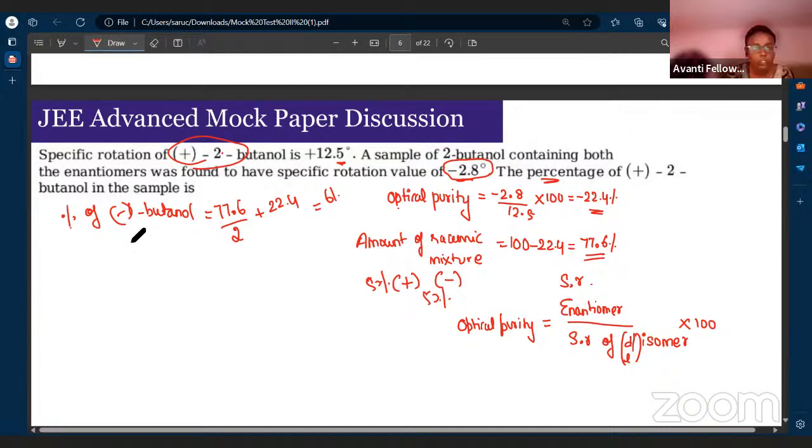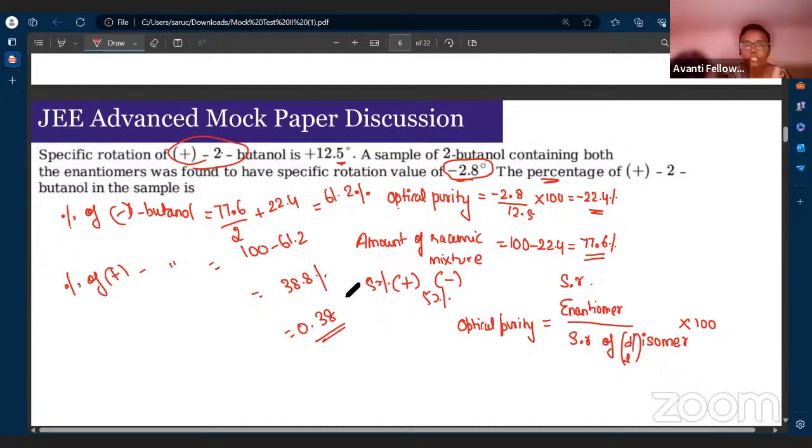Doing it for the minus isomer, I get 61.2 percent. So the percentage of plus isomer will be 100 minus 61.2, which is equal to 38.8%. That is your answer. Got this question, everyone? Any doubt with this question?